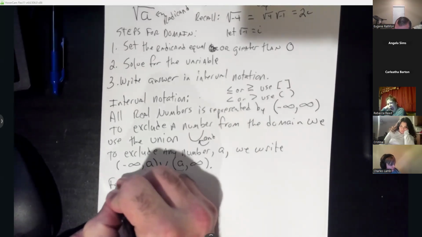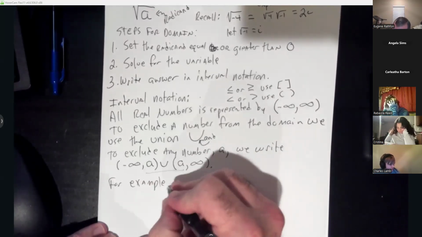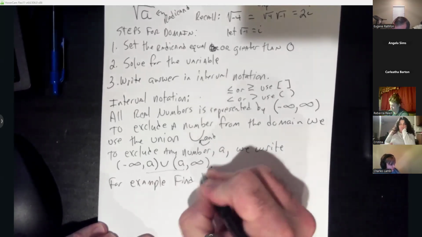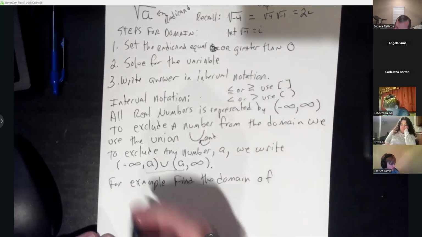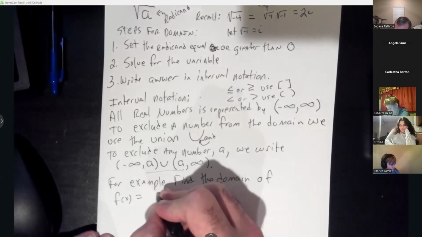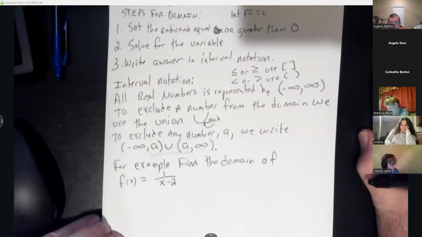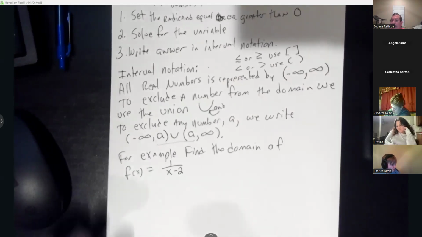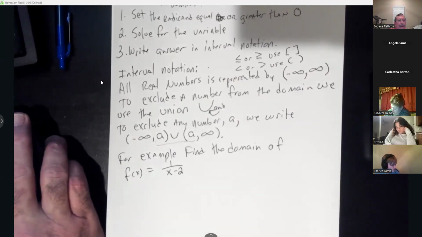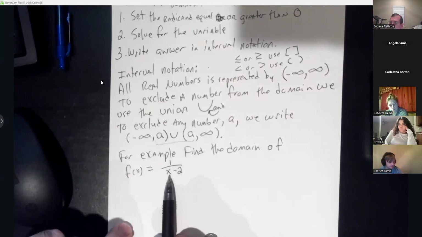So for example, find the domain of f of x equals 1 over x minus 2. Y'all, what's the only number x cannot equal down here?